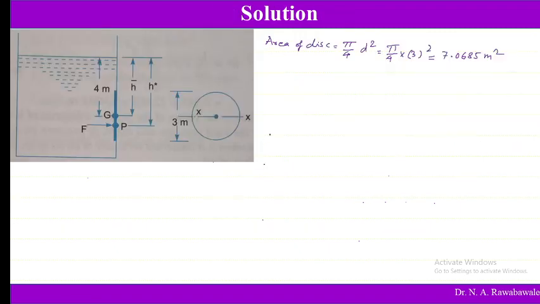So Ig is the moment of inertia about the diameter passing through the center of gravity. Ig is equal to pi by 64 d to the power of 4.